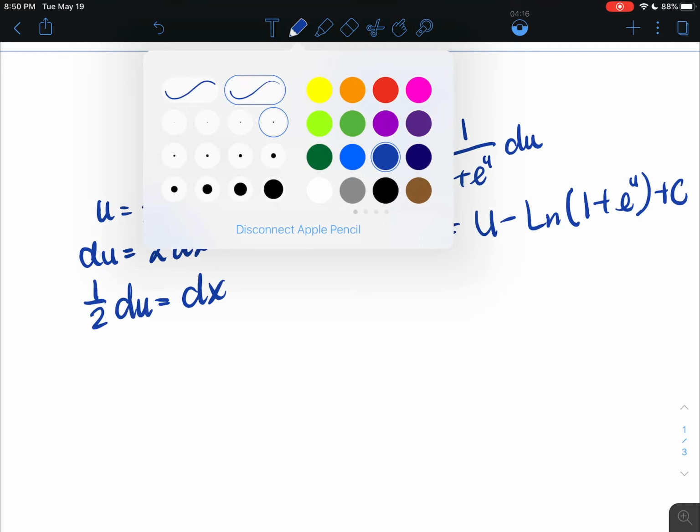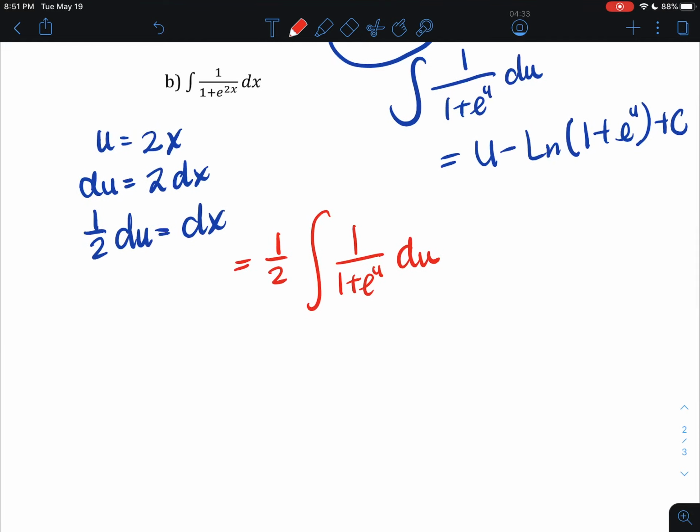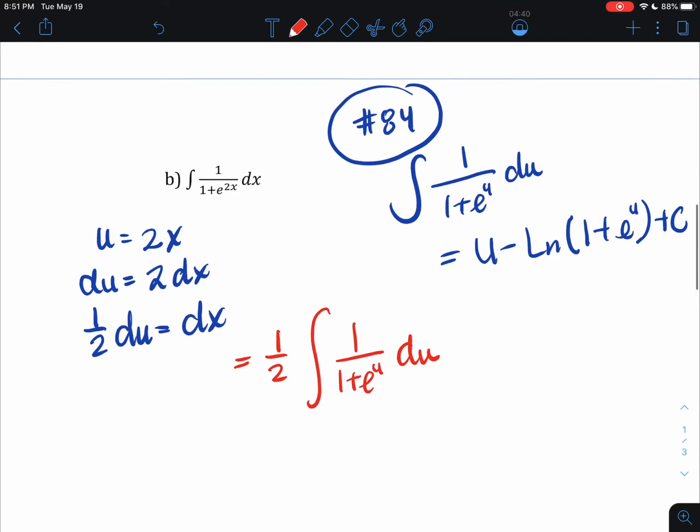We're really used to already using substitution, so this shouldn't be that hard. That should give you 1/2 on the outside, the integral of 1 over 1 plus e to the u du. I should have used a different variable. Oh well. Now it looks exactly right, but don't forget the 1/2 in front.